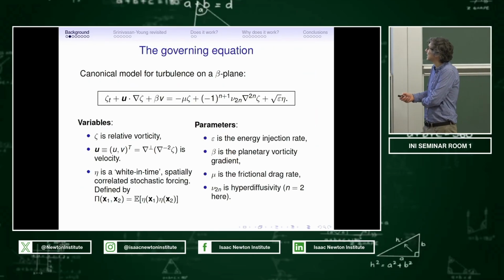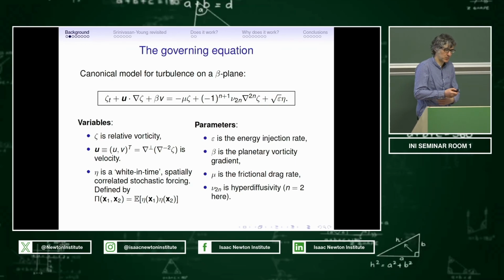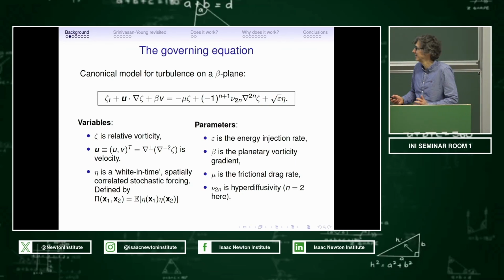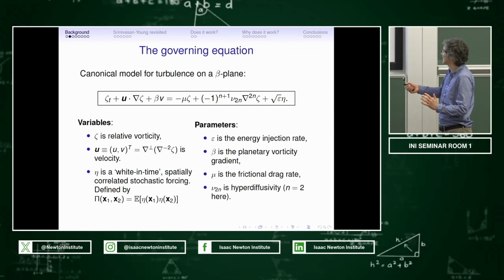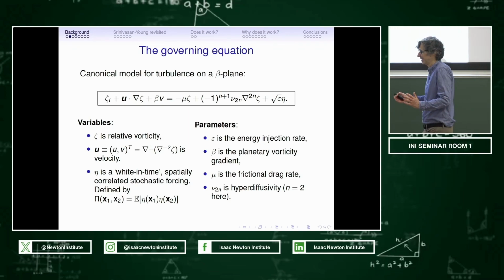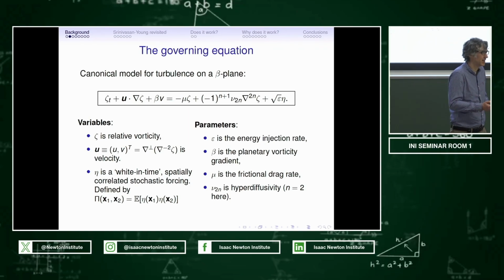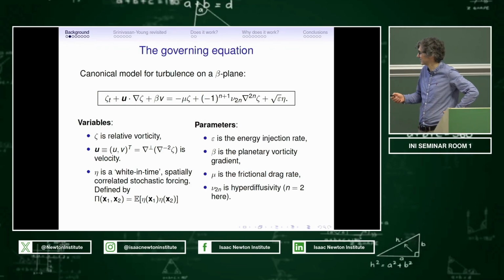This is the equation we're going to be talking about, with a view to understanding this problem of jets. The key point is that this model equation forms jets which resemble those on giant planets, and it's a canonical model, and the aim is to understand it as much as possible.